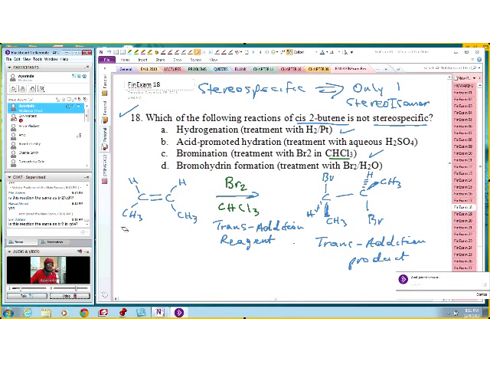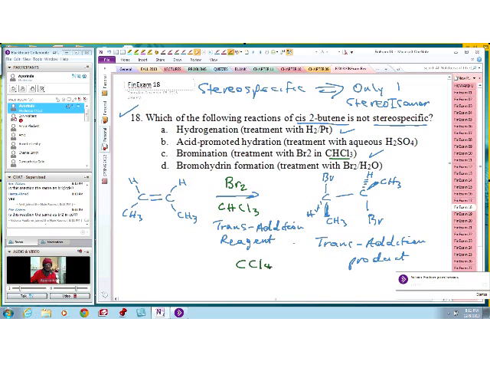Is this reaction the same as bromine? Yes. The question Erin is asking is, instead of using chloroform as solvent, can you also use carbon tetrachloride? Yes, that is correct. You could also use carbon tetrachloride, which is this here, also as solvent. So it is the same reaction. Okay, so now let us go to D.